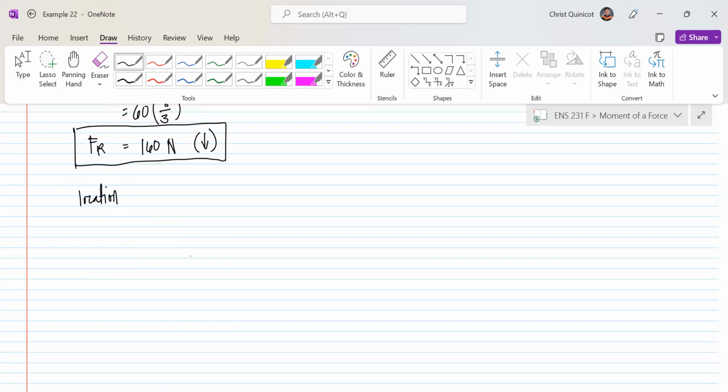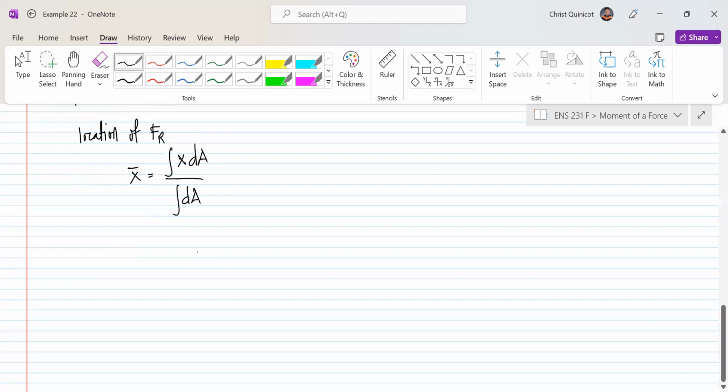If you can observe our formula, if we do integration, x bar is equal to the integral of x dA over the integral of dA, right?